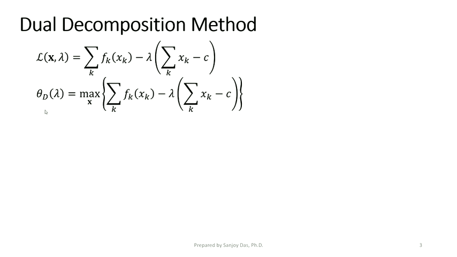So theta d is the max with respect to x of this Lagrangian, right? We have to maximize with respect to x, then it's a function of lambda alone, which is equal to, now what I'm doing here is I'm separating out the terms which contain an x and those that do not; well, there's only one term here that does not contain the x.